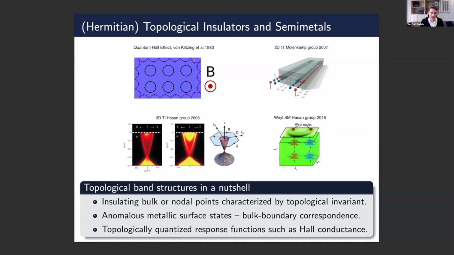Particularly interesting for the following will be these unidirectional or chiral edge states if we have a quantum Hall effect or Chern insulator as a band structure, or here the surface states, 2D chiral Weyl fermions at the surface of a three-dimensional topological insulator, or also these Weyl nodes here, which lead to Fermi arcs.